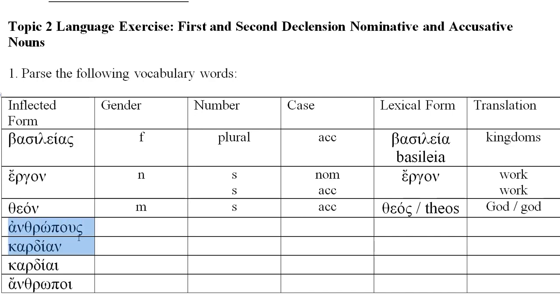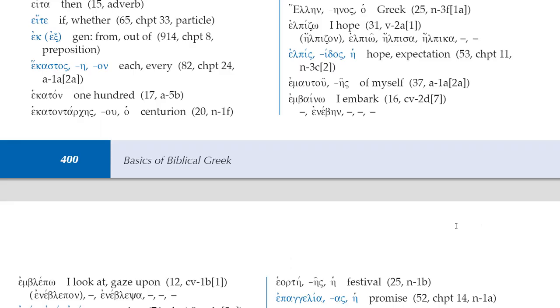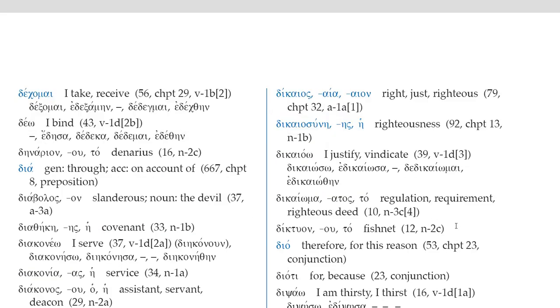We'll do anthropos. Anthropos. Notice my accent is on this syllable here, so anthropous. So it looks like our stem is going to be anthrop. We have the ous ending. We need to go back to our lexicon and go on back up to alpha.